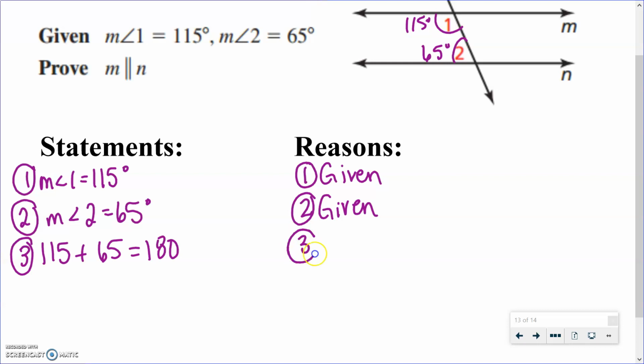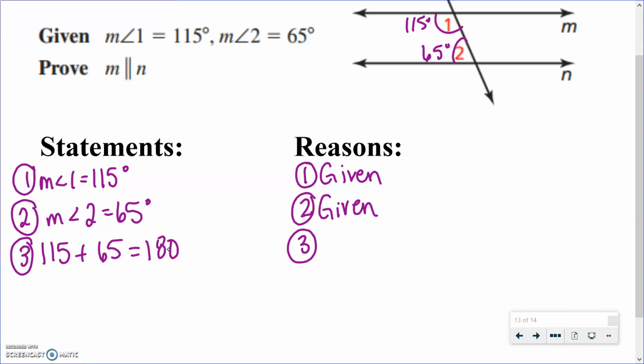And this is a reason that we haven't used before and we won't use very often, but we need this piece of information. This equation actually doesn't tell us a whole lot about the diagram or angles. It's just math. It's just saying 115 plus 65 equals 180.